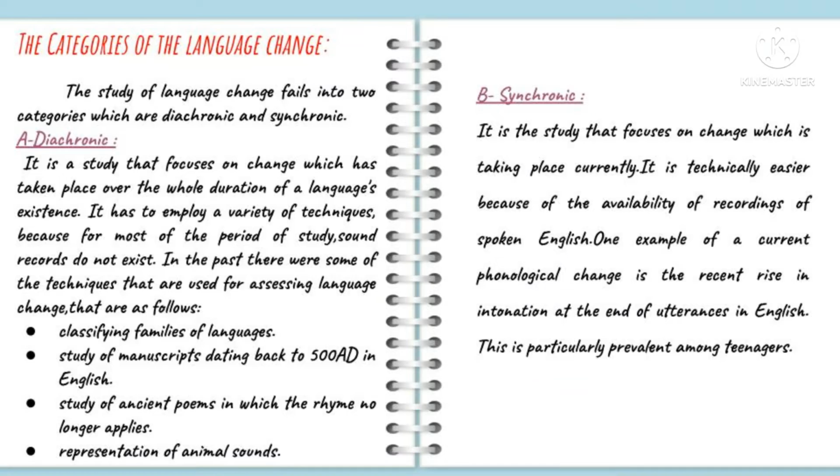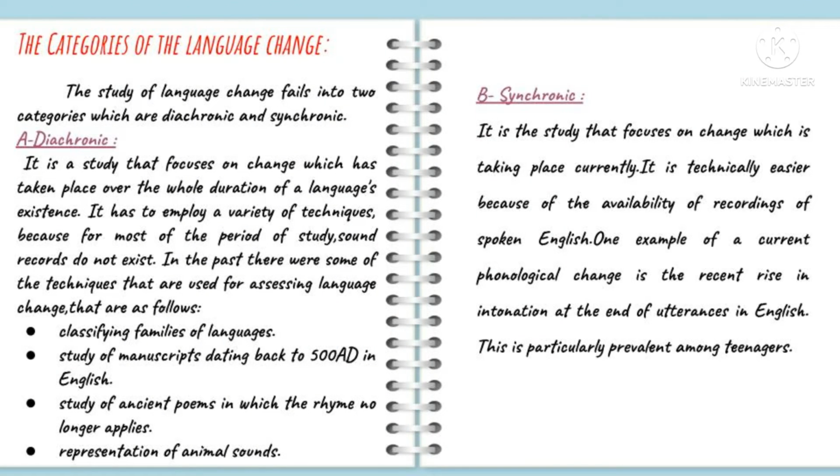Some of the techniques that are used for assessing language change are as follows. We have classifying families of languages, study of manuscripts dating back to 500 in English. We have study of ancient poems in which the rhyme no longer applies. And finally, we have representation of animal sounds.